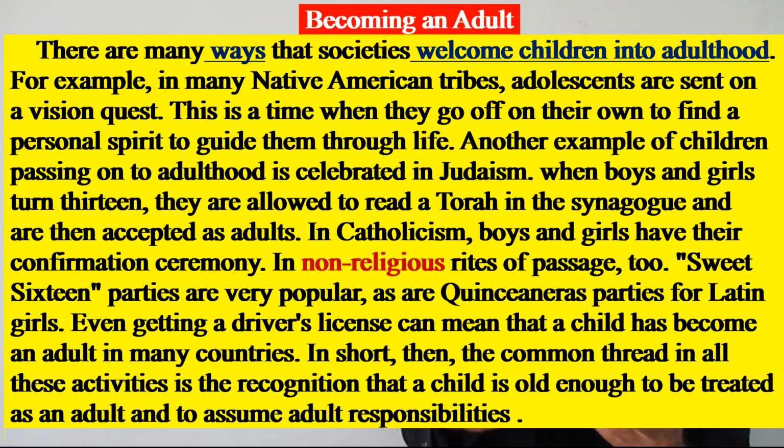So, there are many ways that societies welcome children into adulthood. So here I have this topic sentence: there are many ways that societies welcome children into adulthood. Here the topic is welcoming children into adulthood, and the specific idea, the controlling idea, is these ways. I mean here, these different ways of celebration.